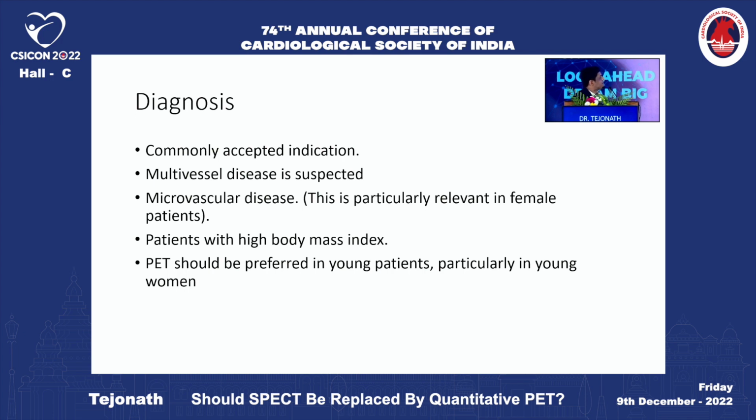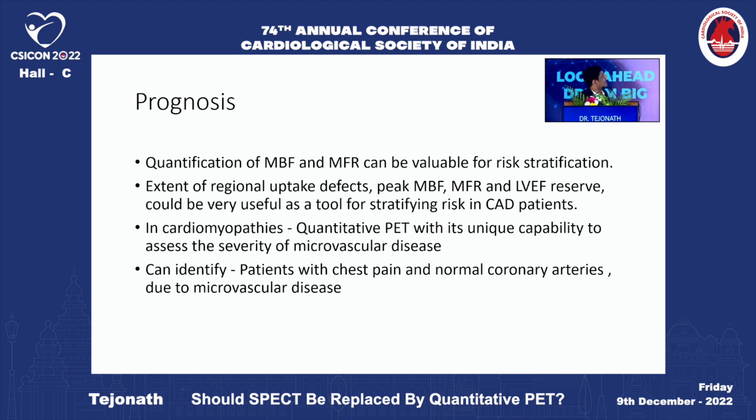And PET should be preferred in young patients because of its very low radiation exposure. As I discussed, the quantification parameters of myocardial flow reserve give additional value in risk stratification. Quantitative PET is also unique in its capability to assess the severity of microvascular disease.